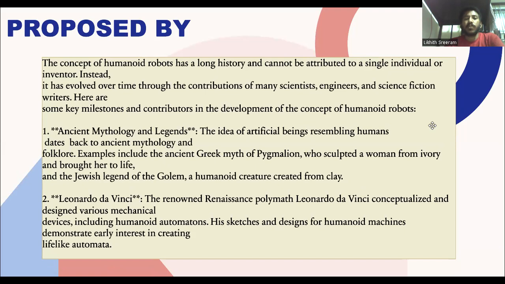Means the credit is not given to a single individual or person. The timeline of every development will be attributed to every individual who has contributed the proposals of many scientists, engineers, and science fiction writers.